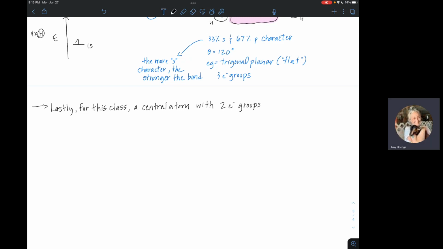And for the purposes of this class, for carbon, this can be one single and one triple bond.